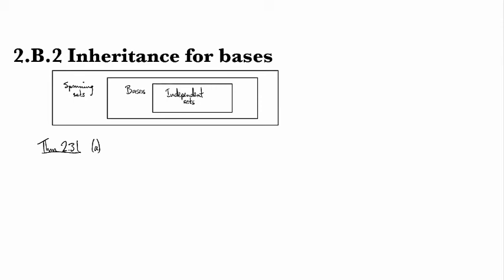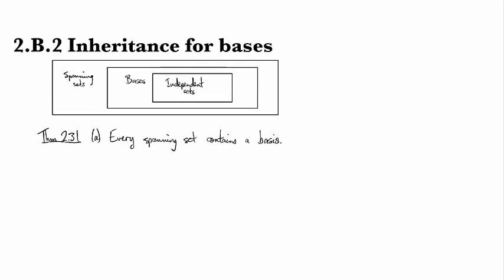So for the first one, every spanning set contains a basis. And the idea, and we'll see this reflected in the proof, is that you can just winnow away extra vectors until you get something that no longer has any linear dependence, and then it'll be a basis.